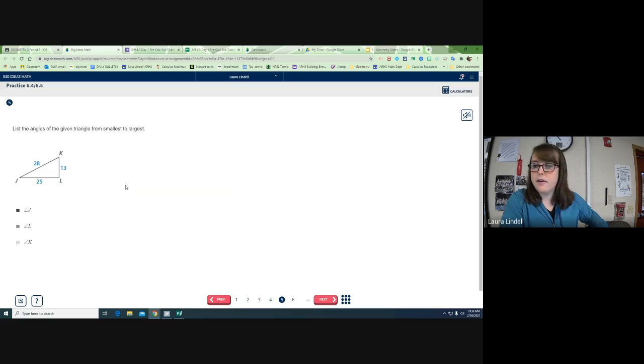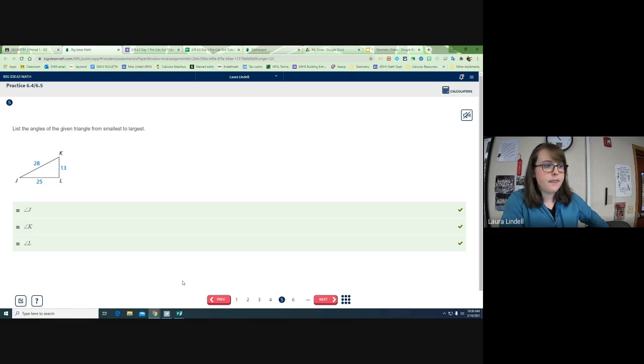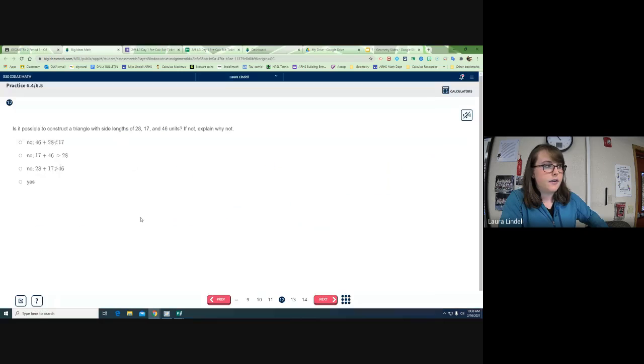Is it K or L? Yep. So then L comes last, and you can check your order just like that. It'll tell you which ones are in the right spot. All right, so there's an angle side relationship problem. Let's find another.